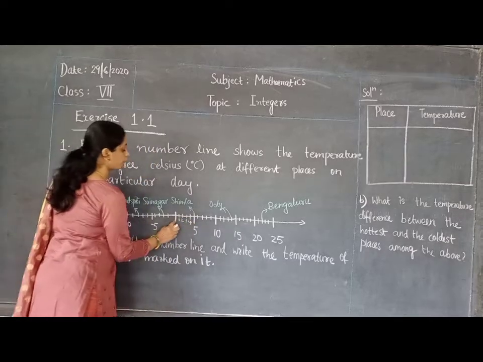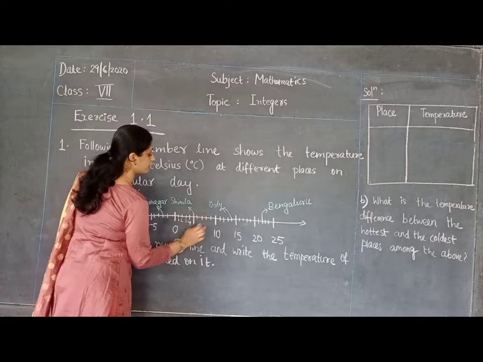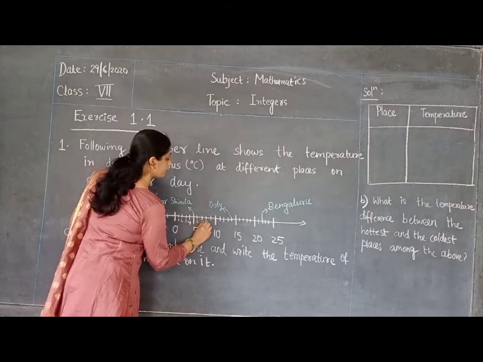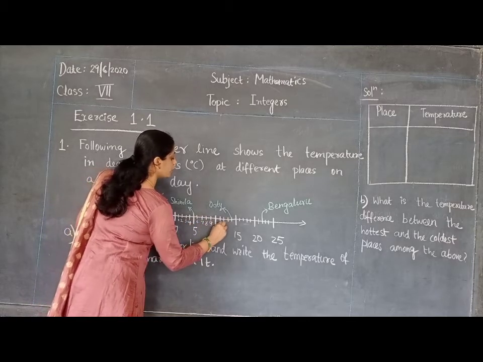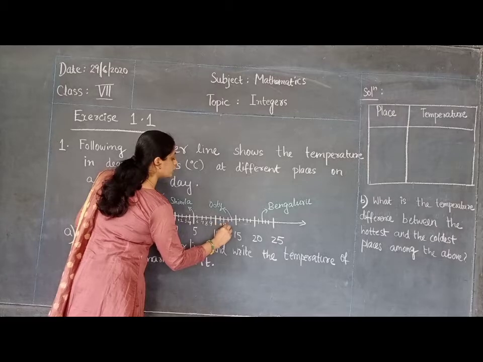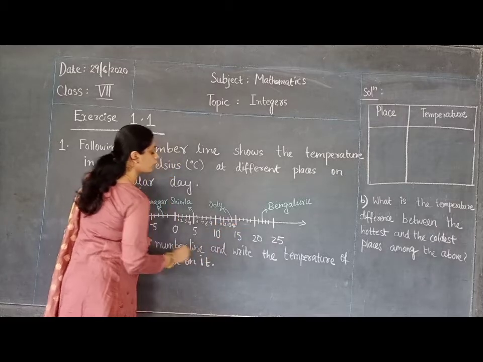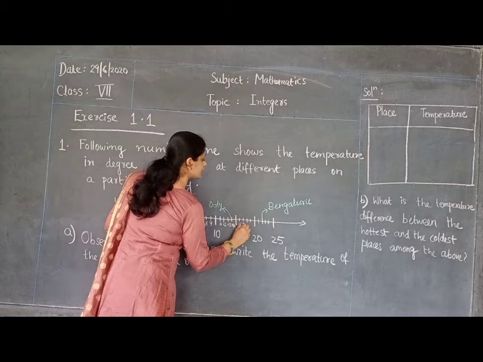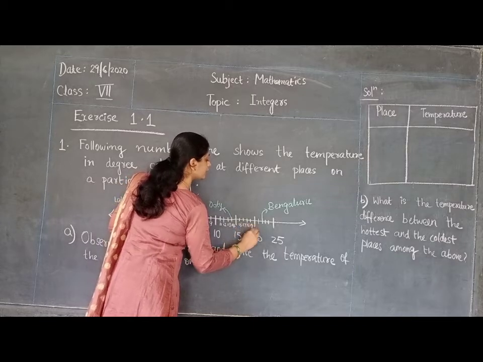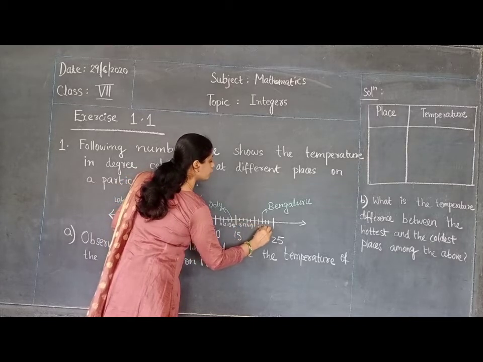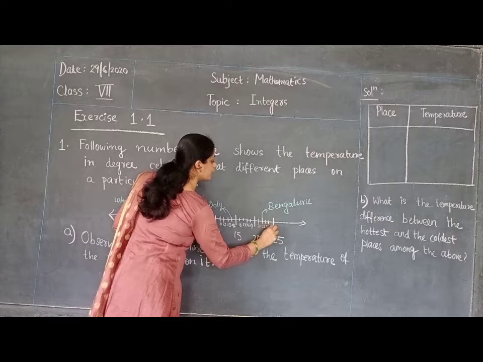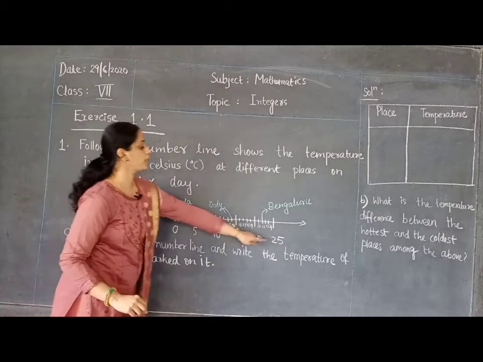So after 0, they have given 1, 2, 3, 4, 5, 6, 7, 8, 9, 10, 11, 12, 13, 14. These are all positive numbers. 16, 17, 18, 19, here 21, 22, 23 and 24. 25 is the maximum.